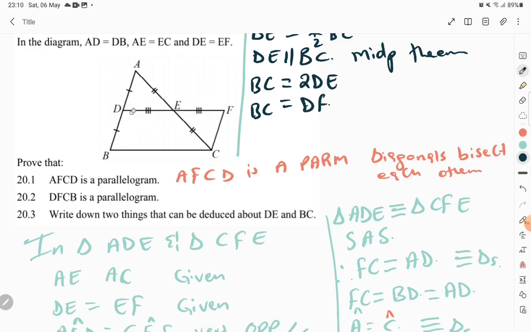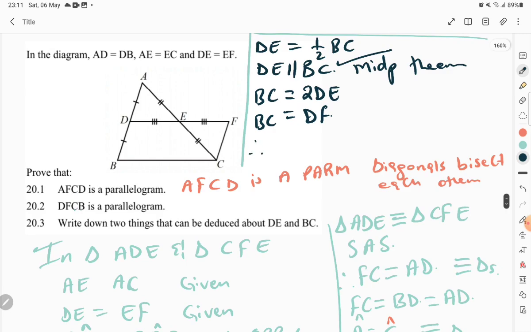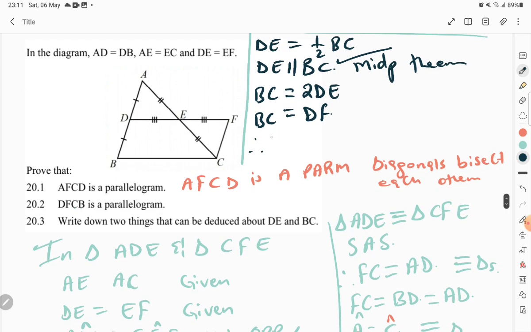So if you multiply DE twice, it's the same as finding the whole DF. So we can see that since DE is parallel to that because of the midpoint theorem, and also DE times 2, which means DE plus FE is equal to BC. So you can see that these sides are parallel and equal.